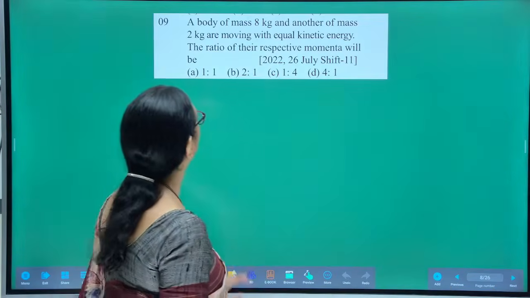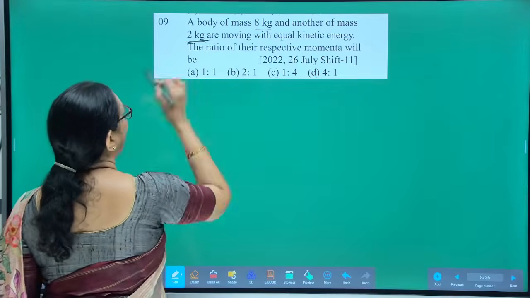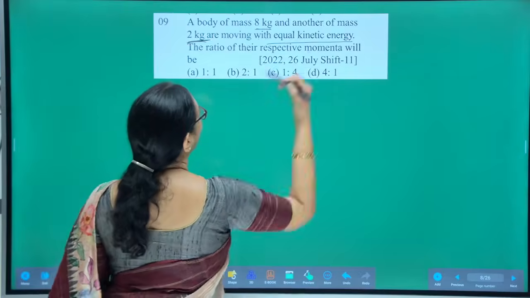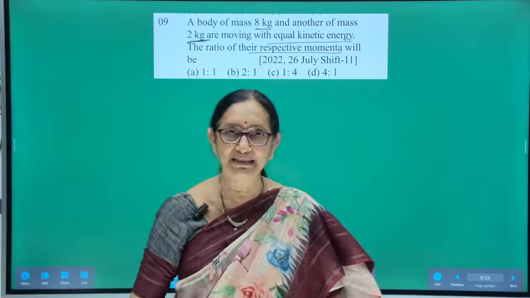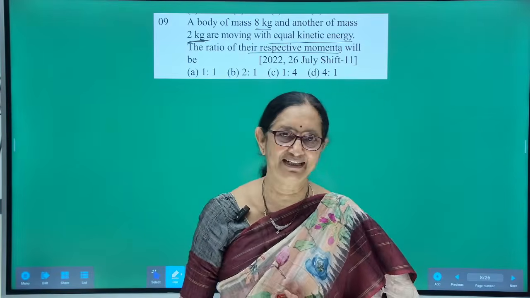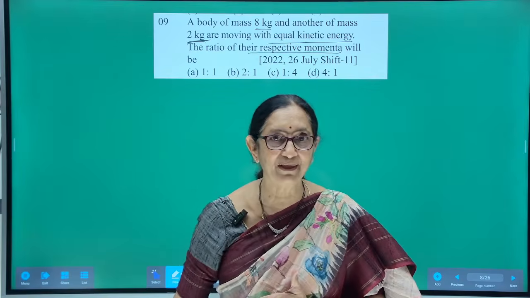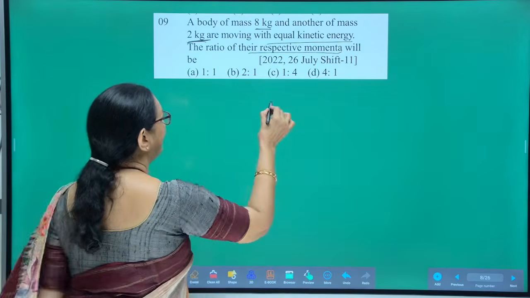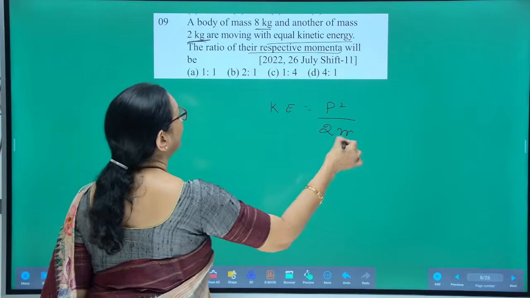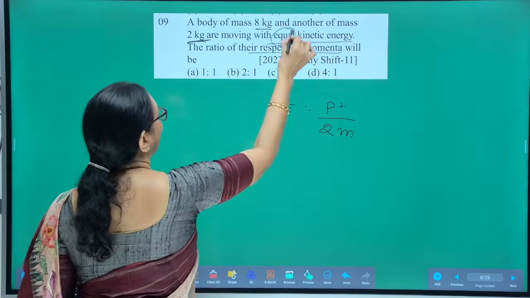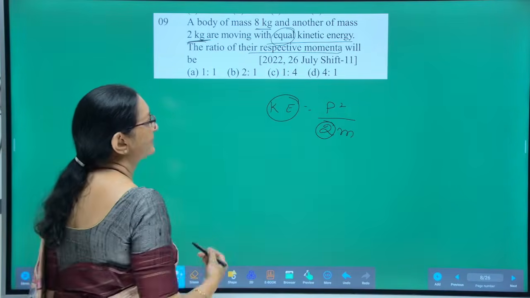Go to the next. Look here, a body of mass 8 kg and another of mass 2 kg are moving with equal kinetic energy. Find the ratio of their respective momenta. What is the relation between kinetic energy, momentum and mass of a body? It is KE equals P square by 2m. Here they are moving with equal kinetic energy, so I am just ignoring the constant.